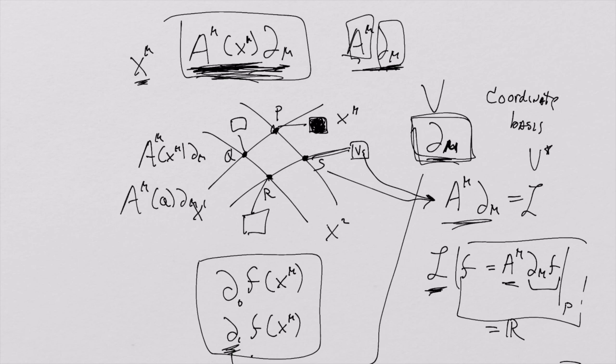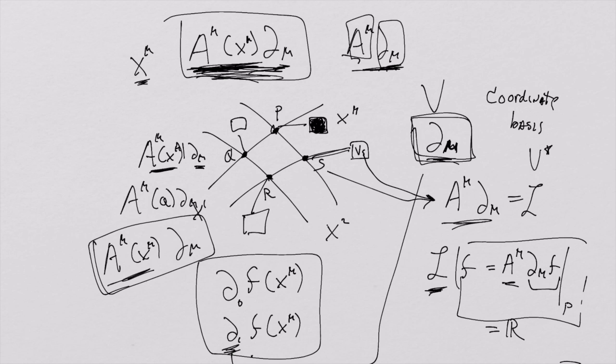I just need the coordinates of the point Q, and I insert those coordinates into this function A, and I get the components relative to the basis at Q of a vector at Q. So if I define A mu of x mu, where these components are a function of space-time, and I know that I'm using the canonical coordinate basis, this structure gives me a vector in every single vector space at every single point in space-time.